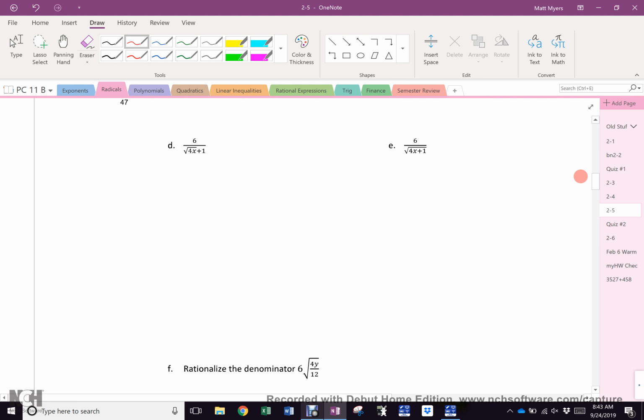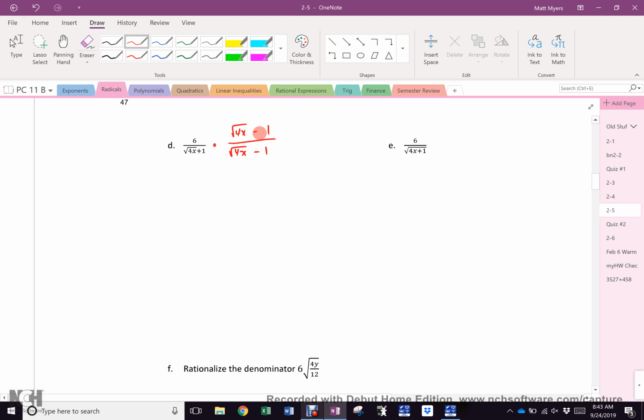There's an X in the variable, yes? Right? But does that change anything? Of course not. So what is my conjugate here? Root 4x minus 1.